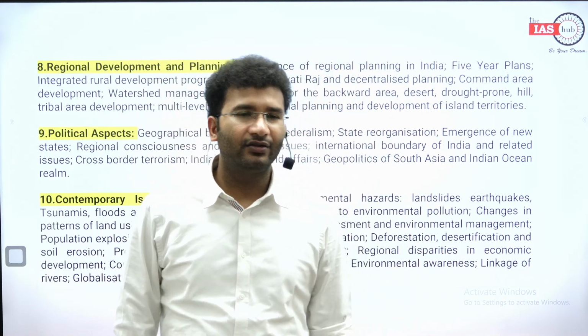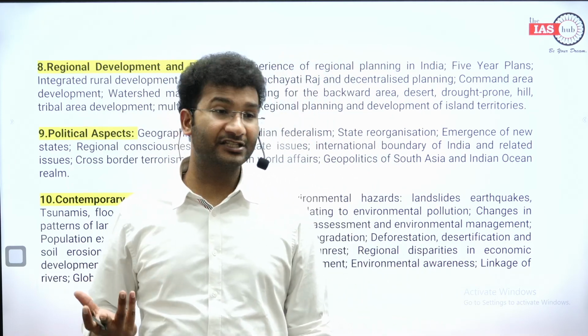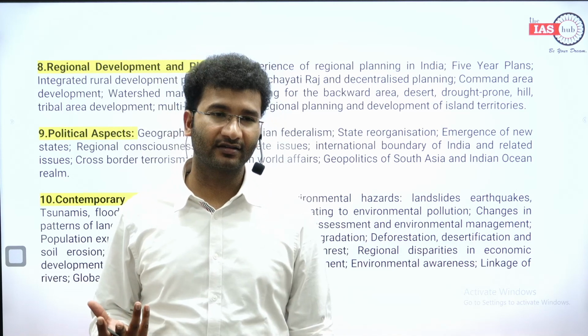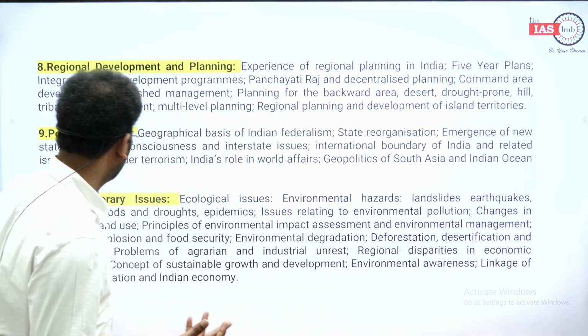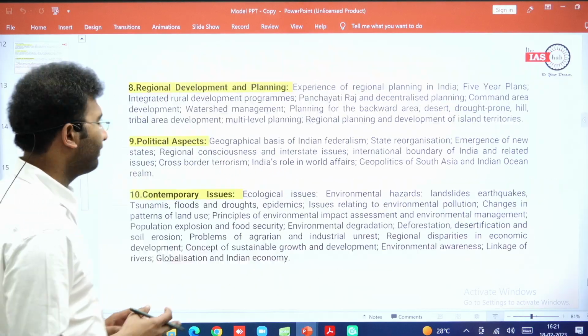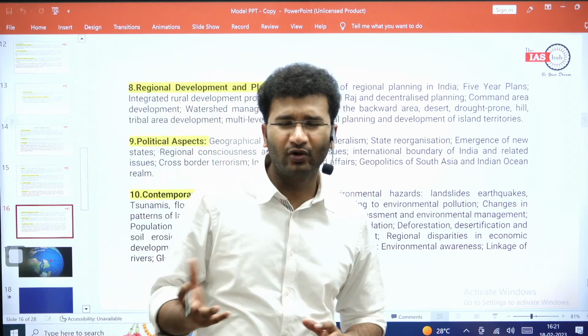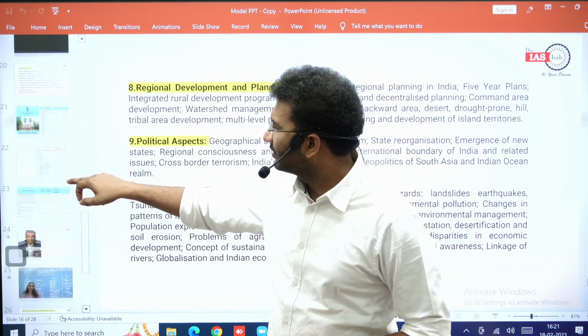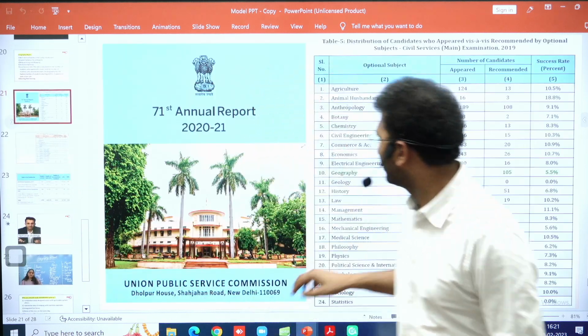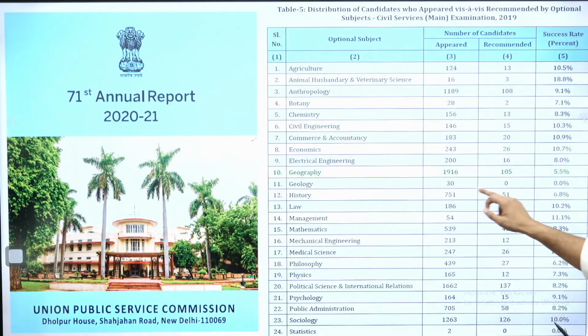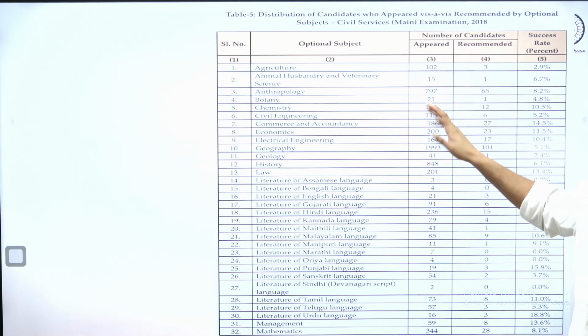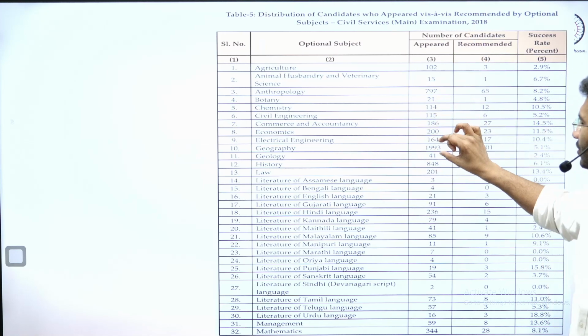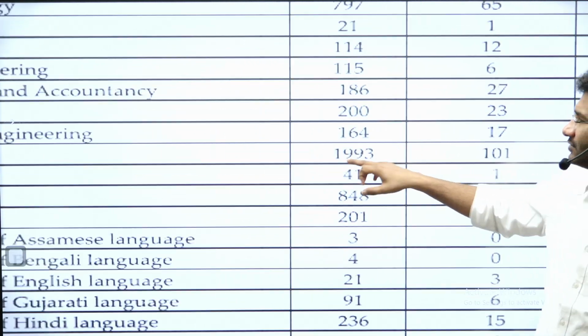And generally, there is also a misconception that geography is not scoring. See, if the subject is not scoring, there won't be any students clearing it. Generally, you look at 2019 and 2018, those who passed in 2018. On average, look at the geography numbers: how many students cleared prelims? 1990.